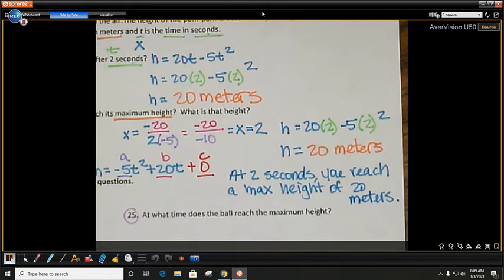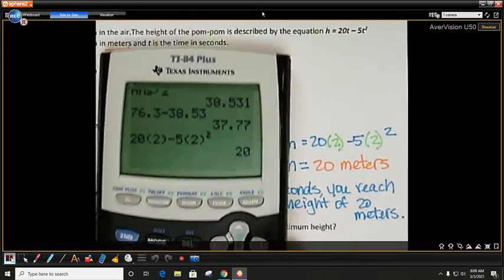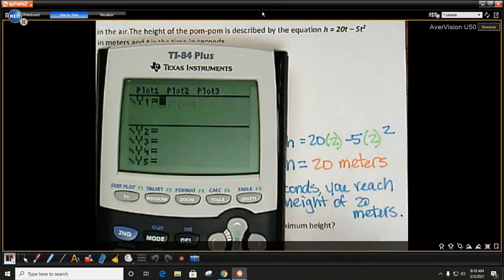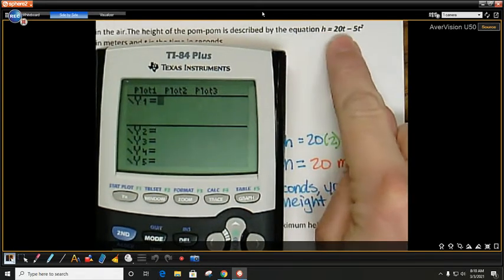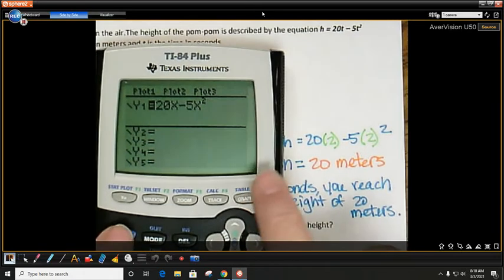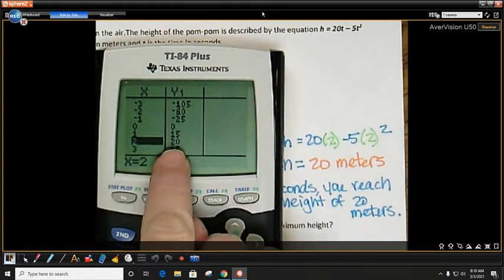Now, you can also graph this, okay? So we can put this in our calculator and pull up the table. Whenever I go to my y equals, though, I can't use the variable t. The h is my y, the t is my x. So I'm going to type in 20x minus 5x squared. And when I pull up my table, I should have a point at (2, 20).